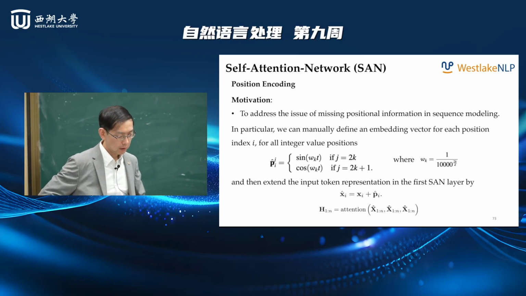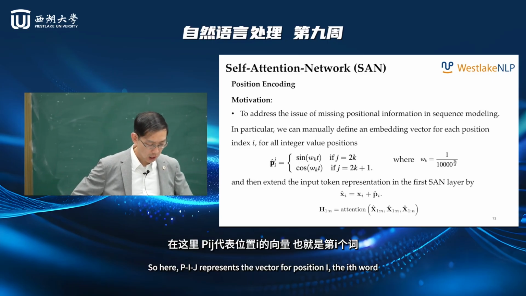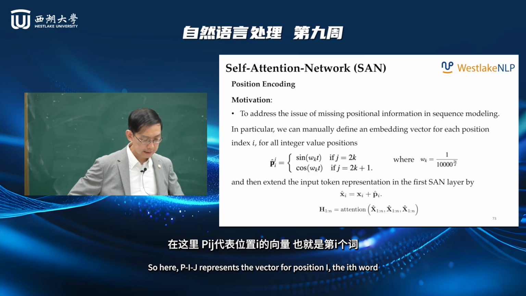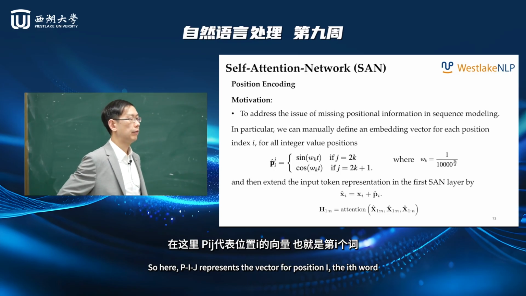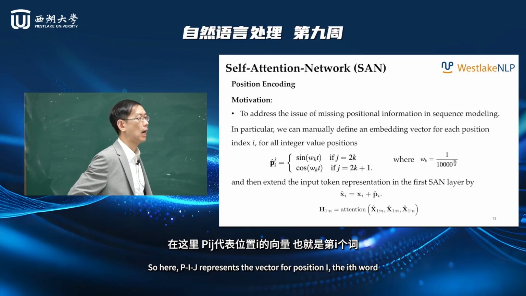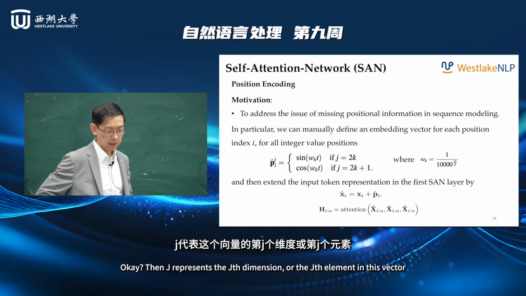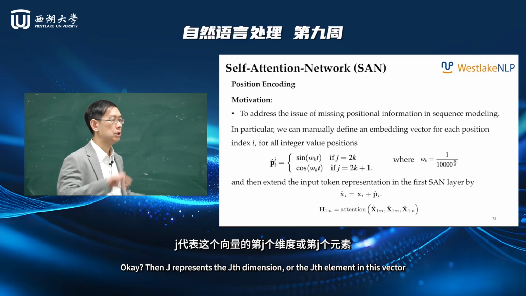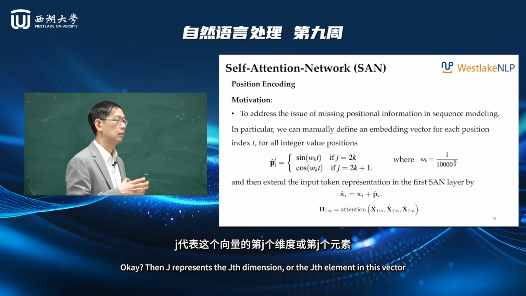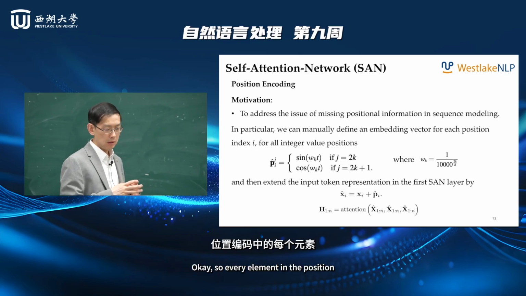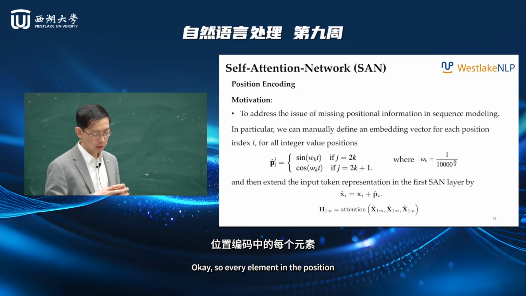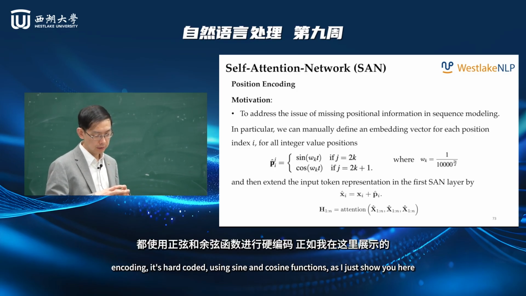Here, Pij represents the vector for position i, the ith word, and j represents the jth dimension, or the jth element in this vector. Every element in the position encoding is hard-coded using sine and cosine functions, as I just showed you here.